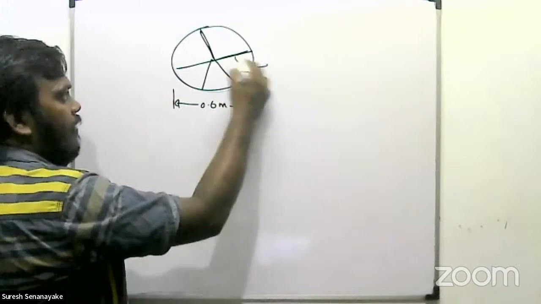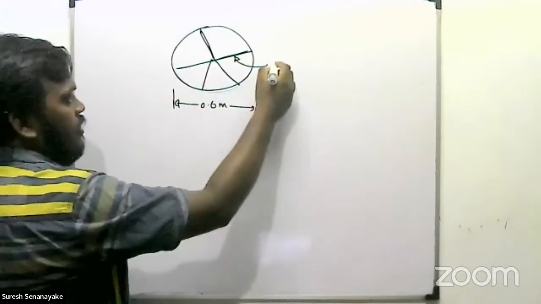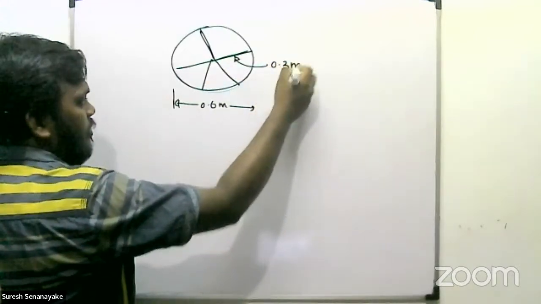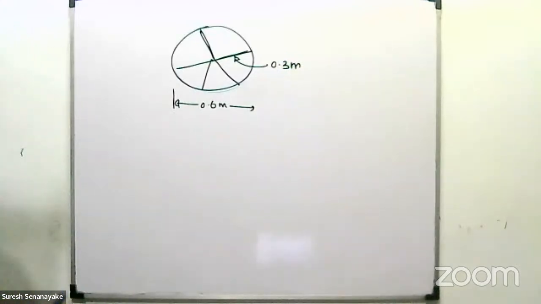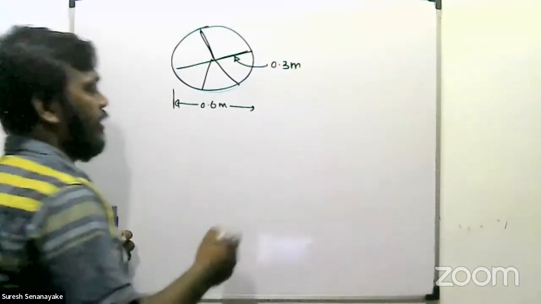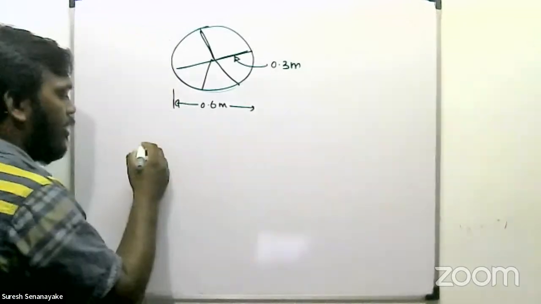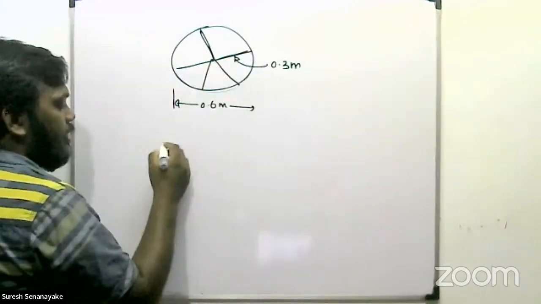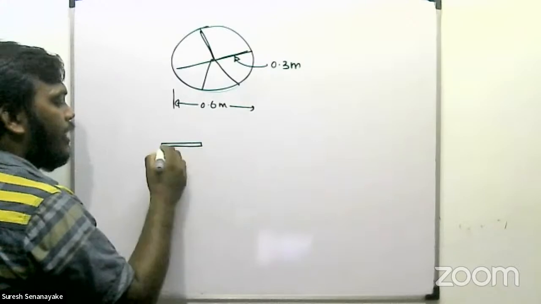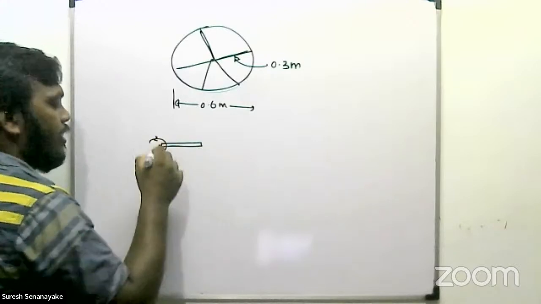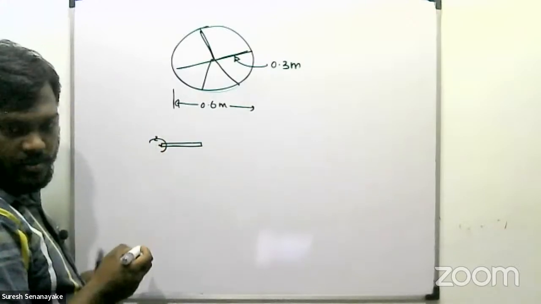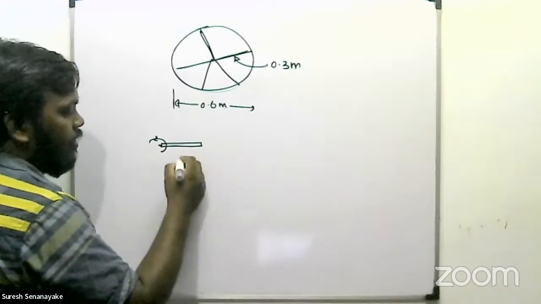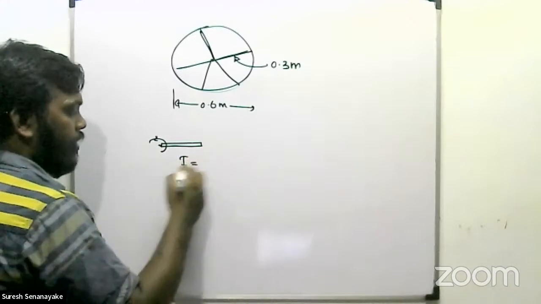The length of the one rod is 0.3 meters because it's half of that. The radius is 0.3 then. So this one is considered as a rod, rotating about an axis passing through its edge.